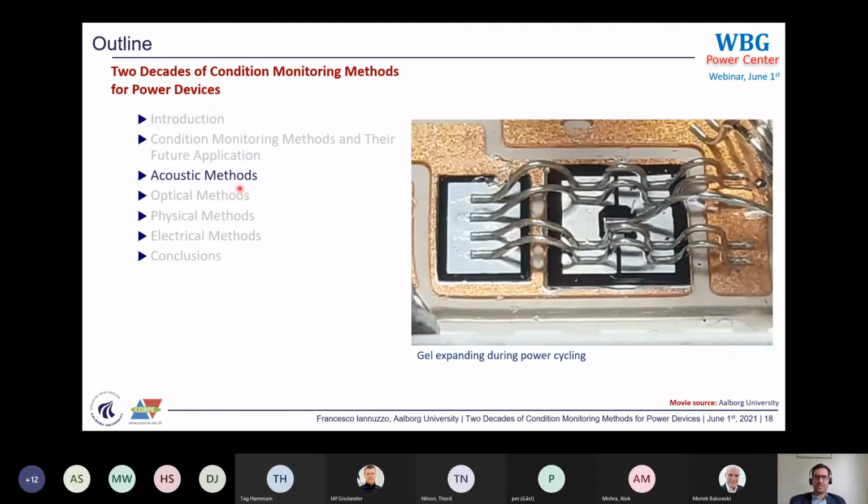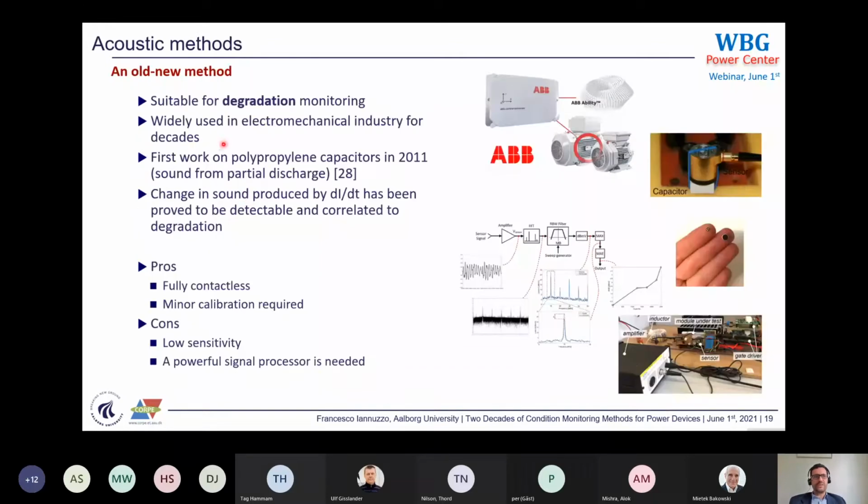So let's start with acoustic methods. Acoustic methods are definitely suitable for degradation monitoring, which is very highly demanded. In itself, I would say, it is not new. For example, ABB has a commercial product for monitoring the state of health of motors.